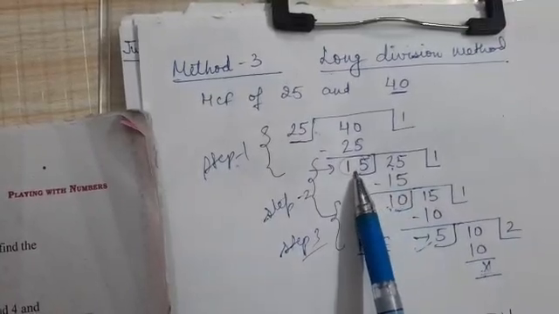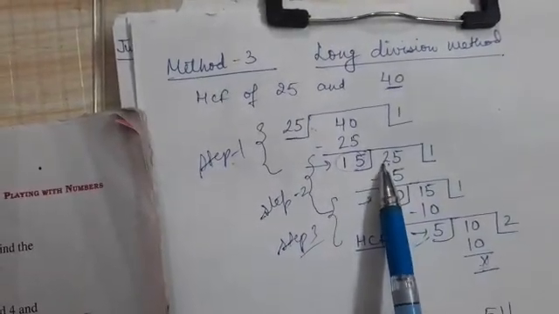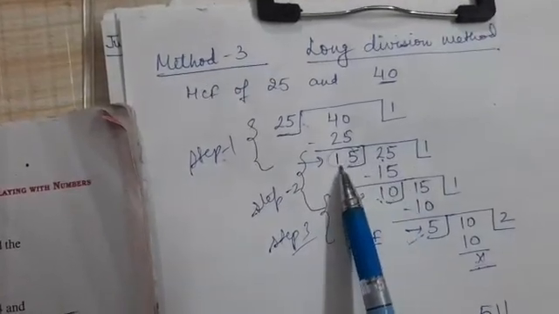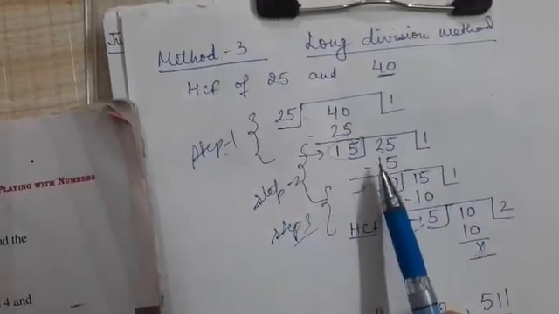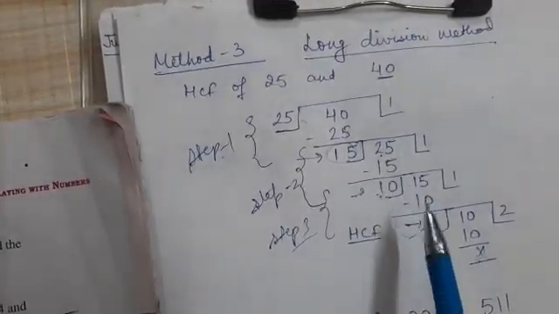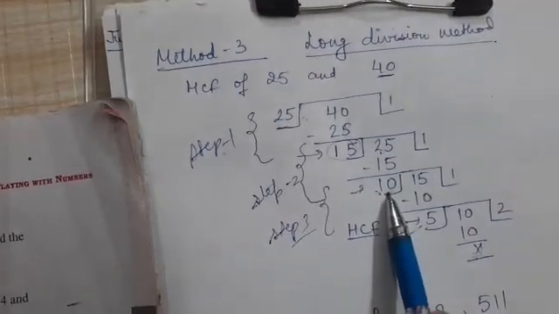Now 15 here is divisor and 25 here is dividend. Again divide 25 by 15. 15 ones are 15. Subtract 15 from 25, what you will get? You will get 10. Now again the remainder is not 0.